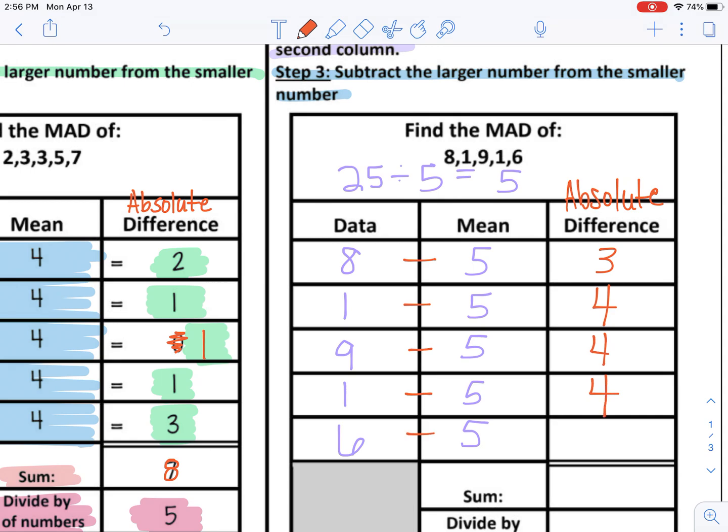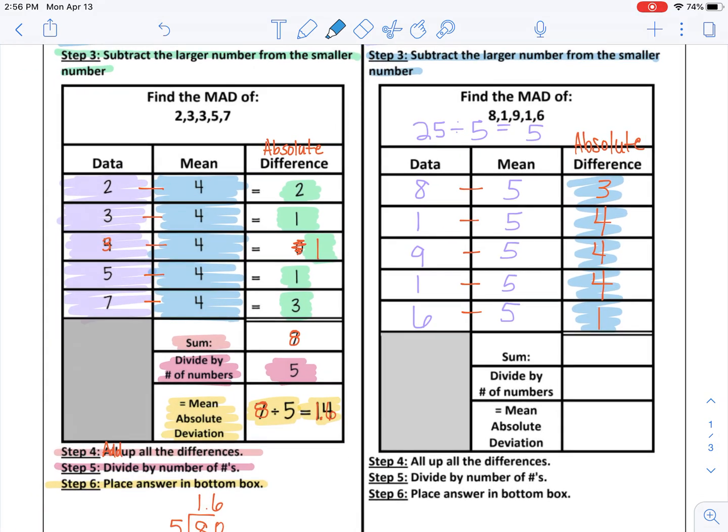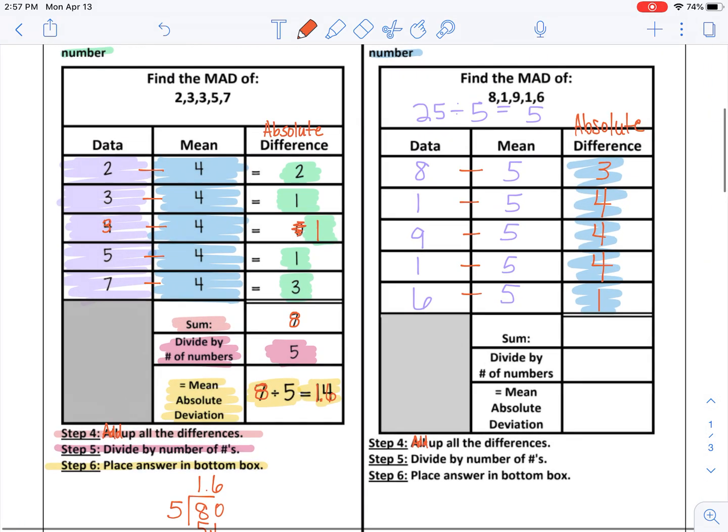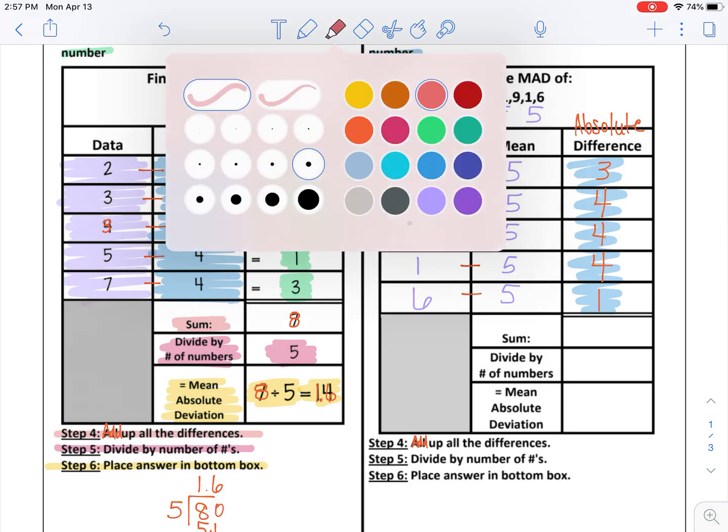And 6 minus 5 is 1. Now that I have the differences all figured out in this last column, I'm going to add them up for step 4. Add up all the differences in step number 4.